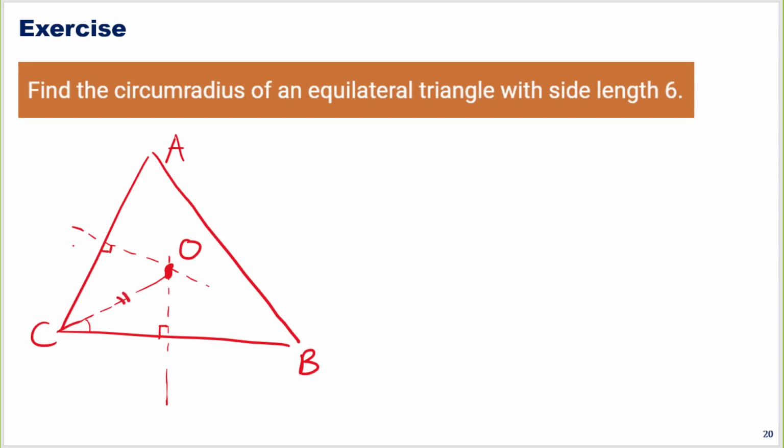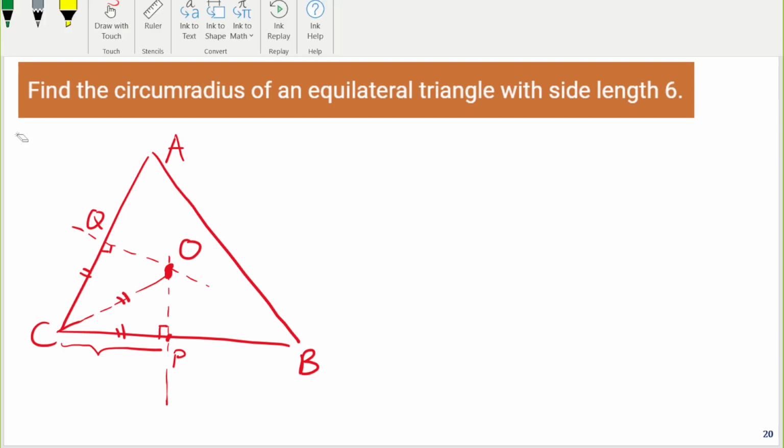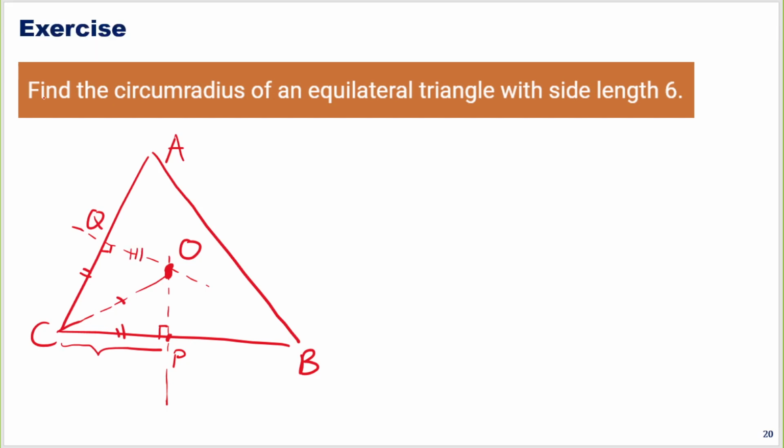And we also know that CP equals CQ, right? And because both of them are right triangles, we also know the other pair of the sides are also equal, according to the Pythagorean theorem, right?